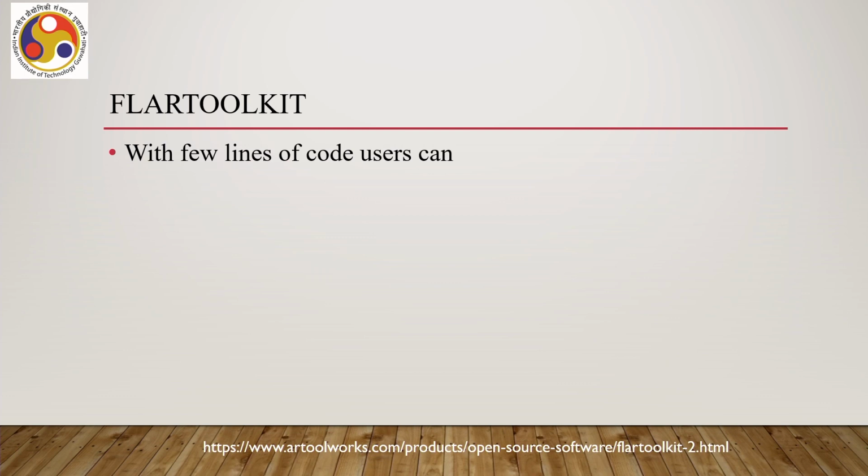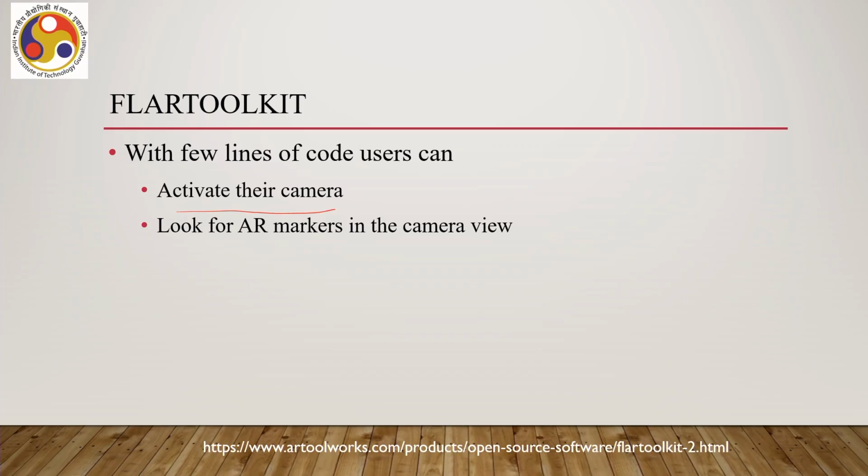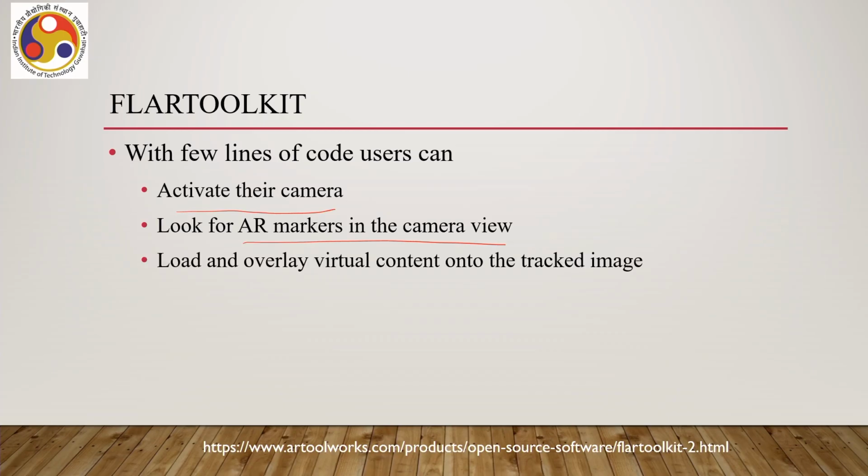If a user is using the Flower Toolkit to prototype an AR system or AR idea, then with a few lines of code, the user can activate their camera to get the experience, look for AR markers in the camera view, which is part of tracking, and load and overlay virtual content onto the tracked image, which is 3D registering.